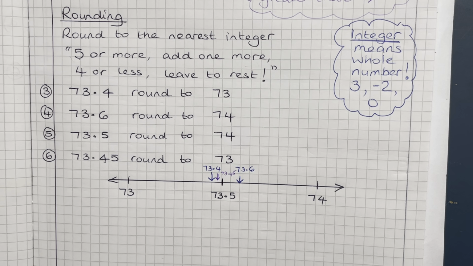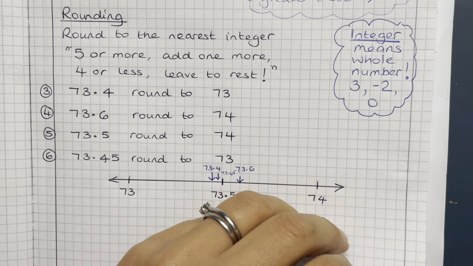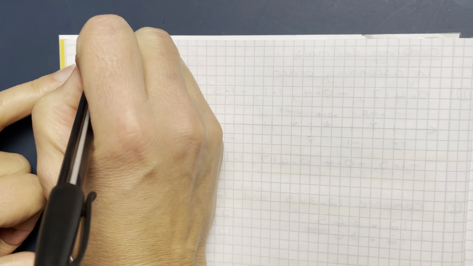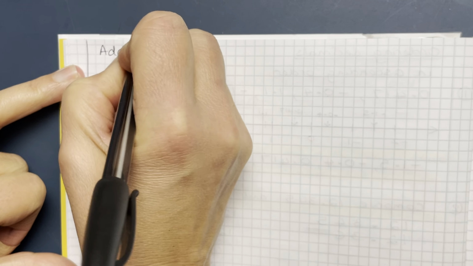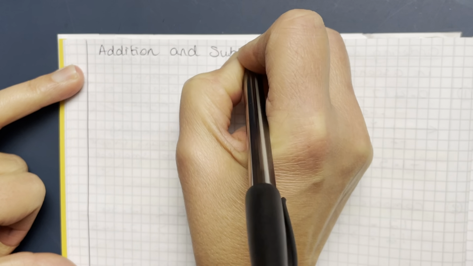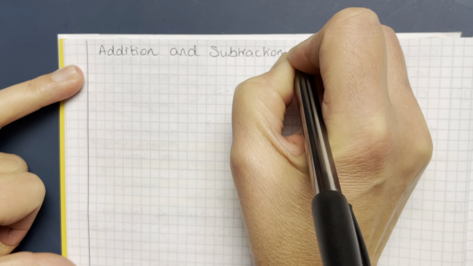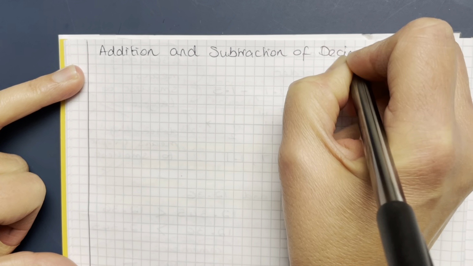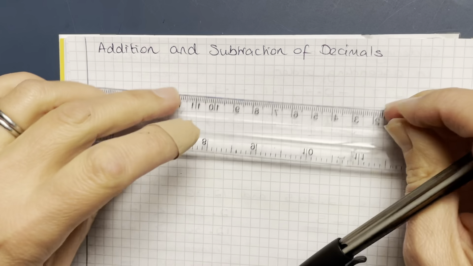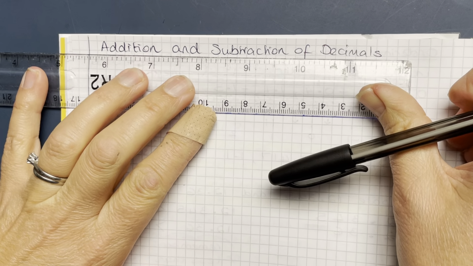We're now going to have a quick look at addition and subtraction of decimals. So we're going to put a new subheading up. Okay, now luckily this is fairly straightforward.